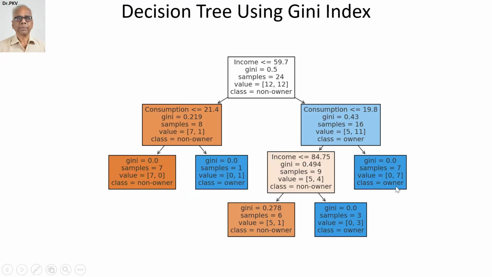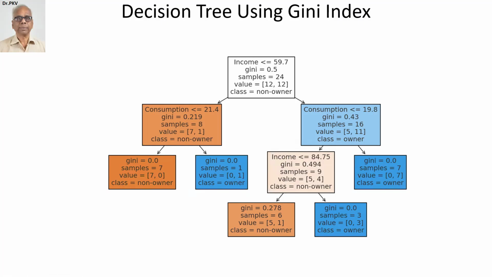So if you add all this, 7 plus 3 is 10, plus 1 is 11. So 11 out of the 12, it is correctly predicted because there are 12 owners. Now the non-owner, likewise, this is the non-owner class here, terminal class 7, and this is another terminal class 5, 7 plus 5, all the 12 are correctly predicted.